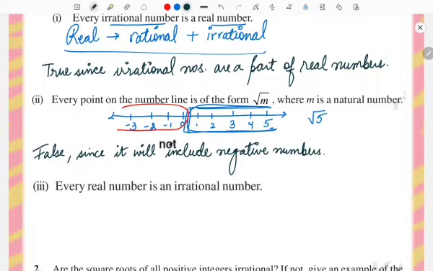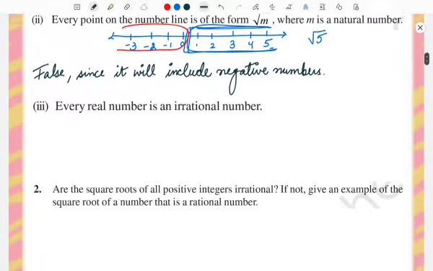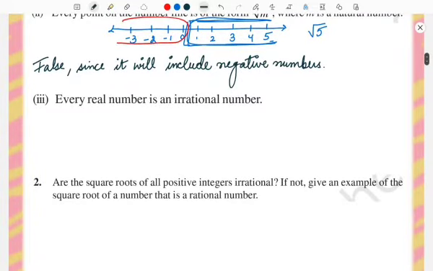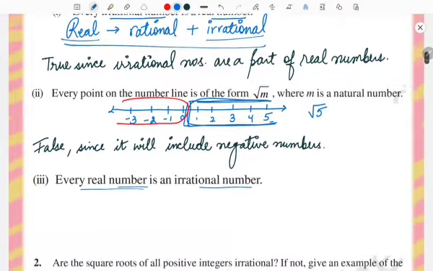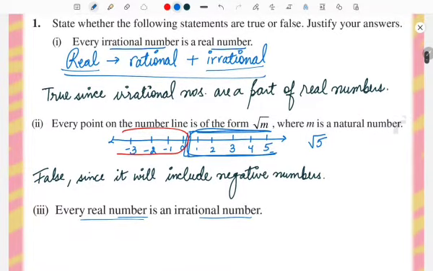Next one. Next we have: every real number is an irrational number. What was the definition of real numbers? Real numbers are a combination of rational and irrational numbers, right? But can all real numbers be irrational? If all real numbers become irrational, what will it mean?